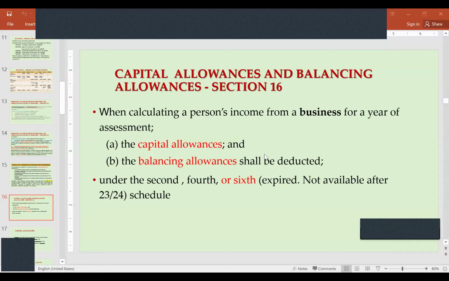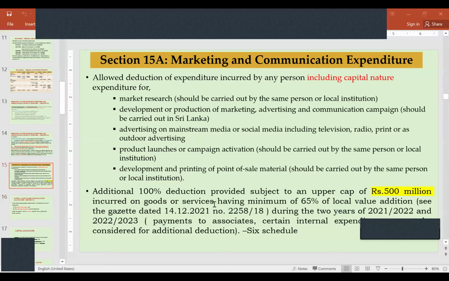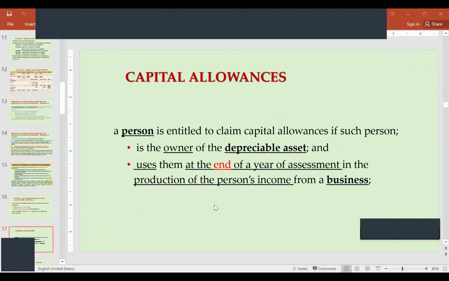Then capital allowances and balancing allowances shall be deducted. How do we deduct it? After calculating it in accordance with the provisions of the schedule. So what is the meaning of capital allowance? If we purchased an asset and we use that asset for the production of business income, but we are using that asset for more than 1 year, more than a 12 month period, we call it capital nature expenditure.